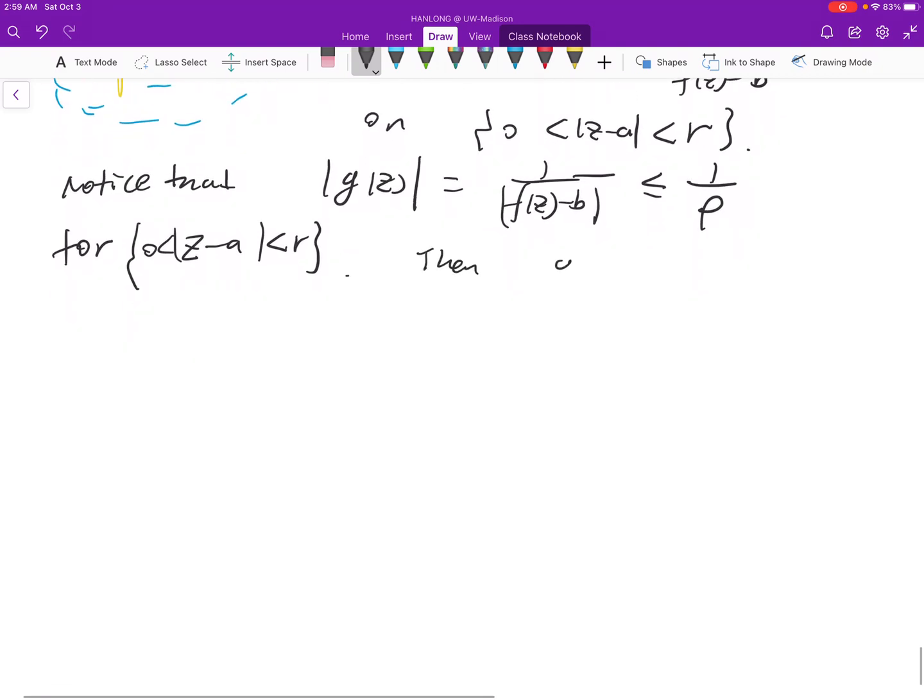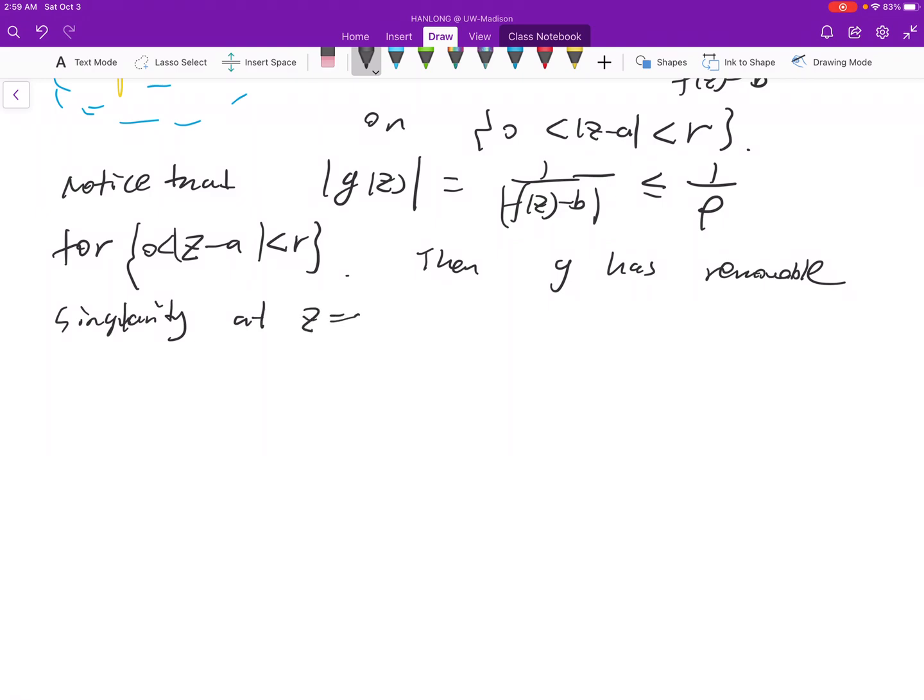Then g has a removable singularity at z equals a.